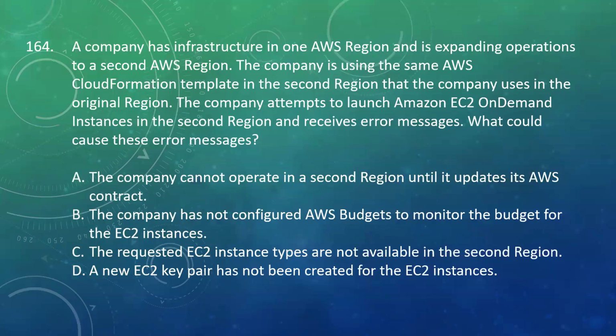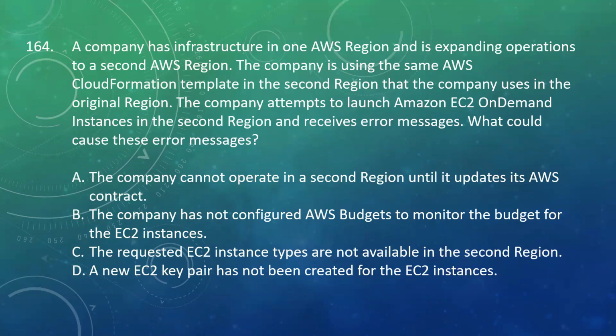Next question. A company has infrastructure in one AWS region and is expanding operations to a second AWS region. The company is using the same AWS CloudFormation template in the second region that the company uses in the original region. The company attempts to launch an Amazon EC2 on-demand instance in the second region and receives error messages. What could cause these error messages?